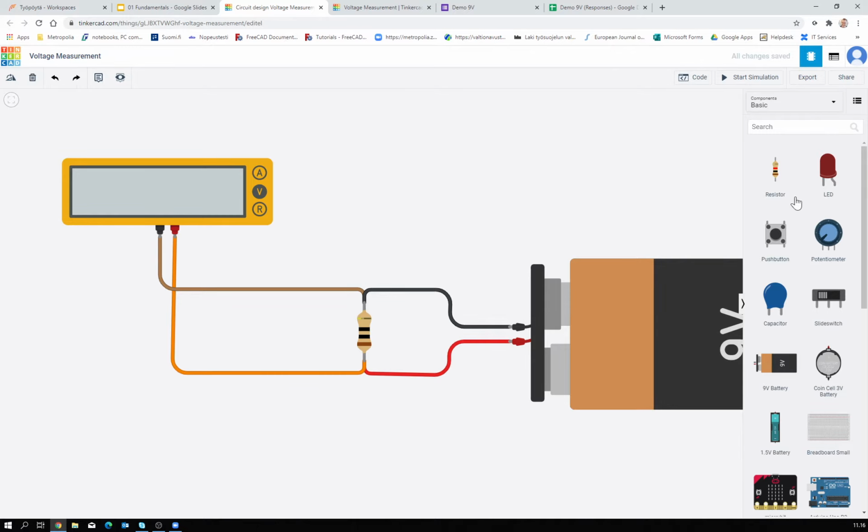The easiest way is actually to put an enormous resistance. That's the same as open circuit voltage.